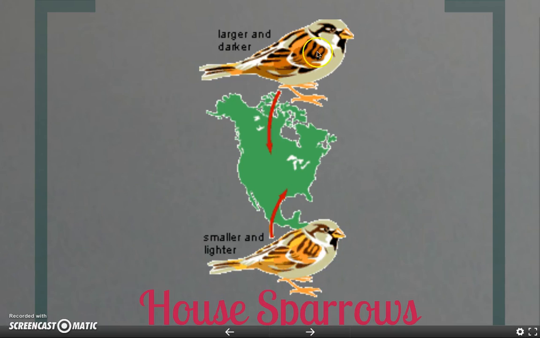The reason they have evolved this way is because those that live further north need to have more body fat and need to be bigger to be able to survive in the environment that they live in. And likewise, the birds that live in the southern part of North America have evolved to be smaller as a species and lighter colored to fit in more with their environment. So humans have been able to watch this one example change in a relatively short amount of time.